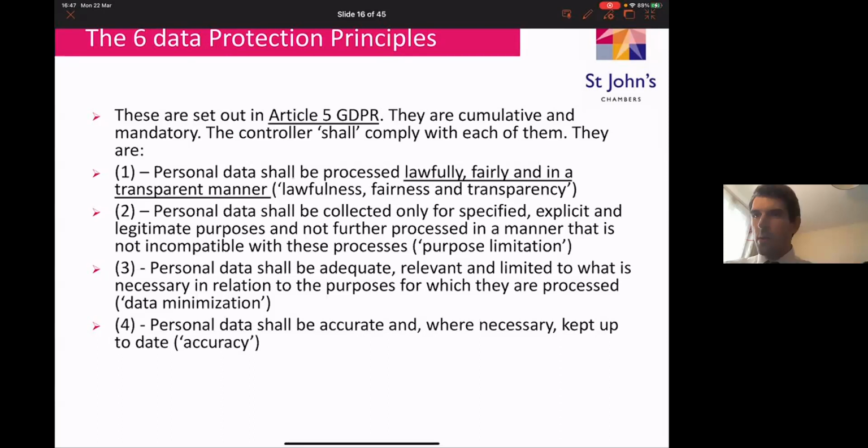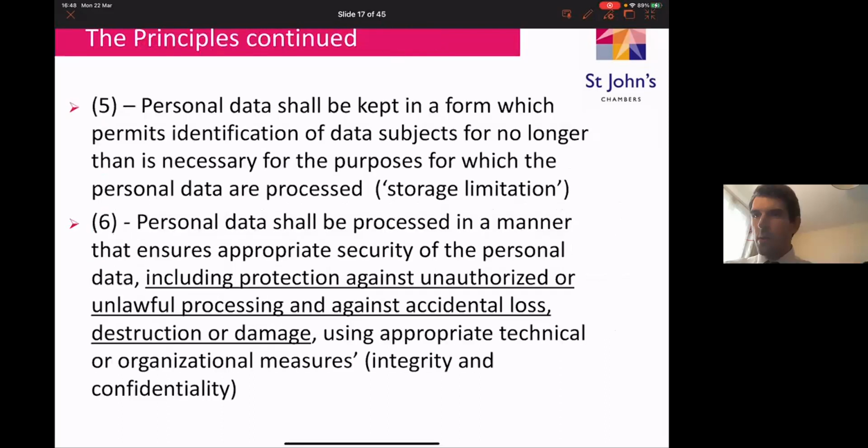I've set them out there. Our focus is going to be Articles 5.1 and 5.6 because they are the most routinely and the most commonly argued breaches of the data protection principles. 5.1 is lawfulness, fairness and transparency, and 5.6 is protection against unauthorized or unlawful processing and against accidental loss, destruction or damage.